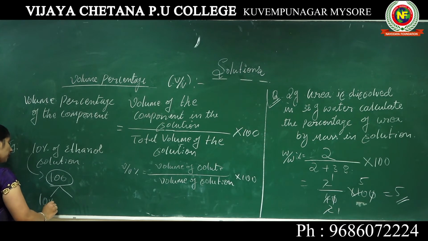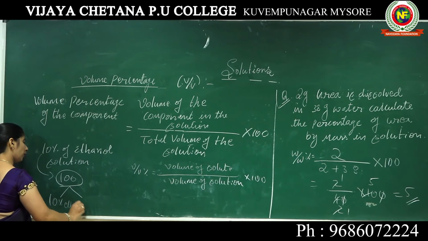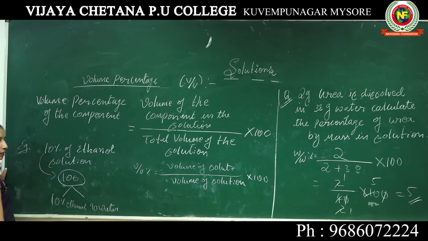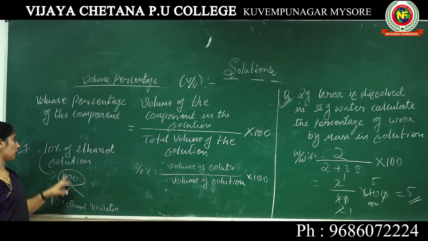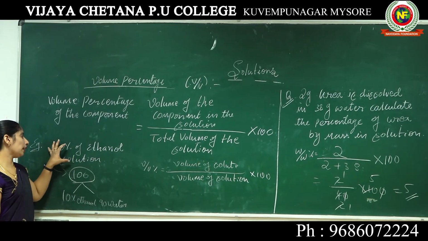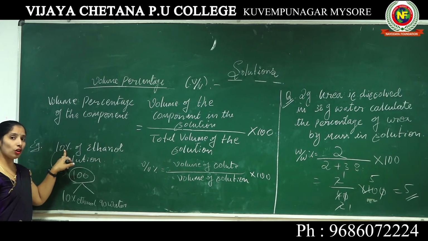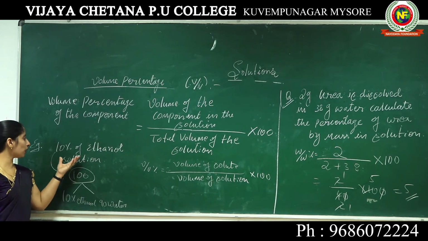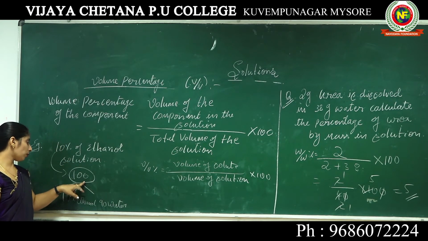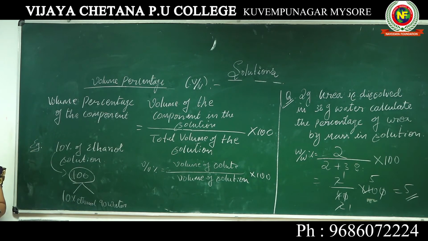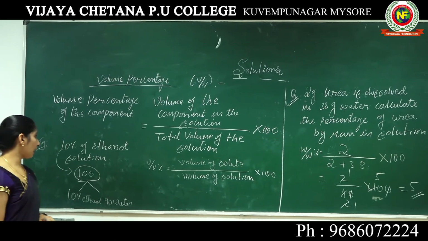So 10% ethanol solution means that in 100, only 10% of ethanol is dissolved in 90% of water. That solution we call an ethanol solution.